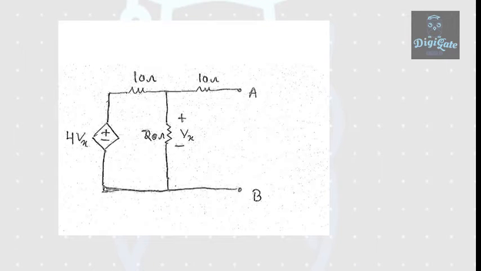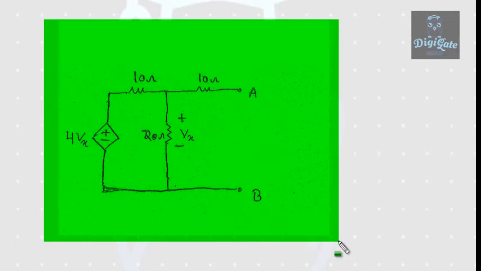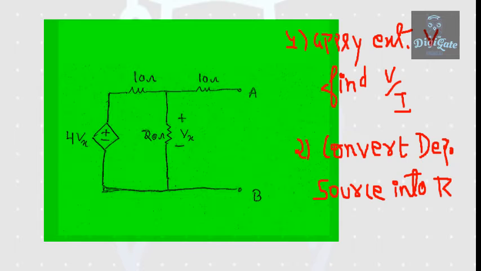The second model would be the circuits having only dependent sources. Now there are two things which you can do in the circuit to find out the Thevenin resistance. The first one is obviously connecting an external voltage source of magnitude say 1 volt. You can generally take 1 volt and then find out the V by I. Suppose this is an external voltage source which you have connected, then you have to find out V by I. That will give you Thevenin resistance.